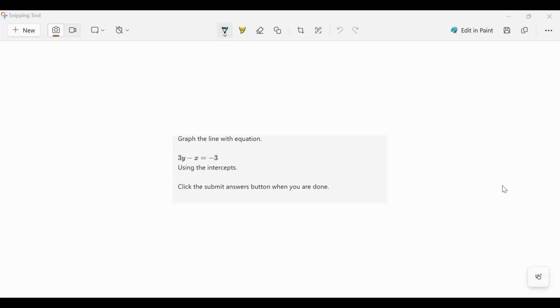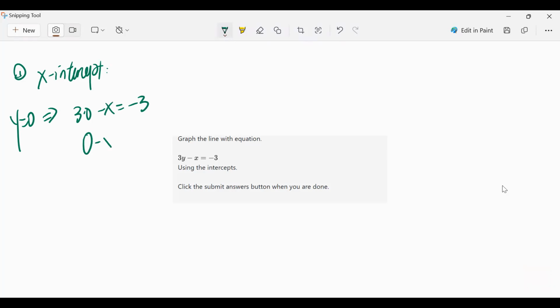Okay, guys, let's go over the solution. First of all, let's locate the x- and y-intercepts of that graph. So start with the x-intercept. We set y equals 0 and solve for x. We get 3 times 0 minus x equals negative 3.